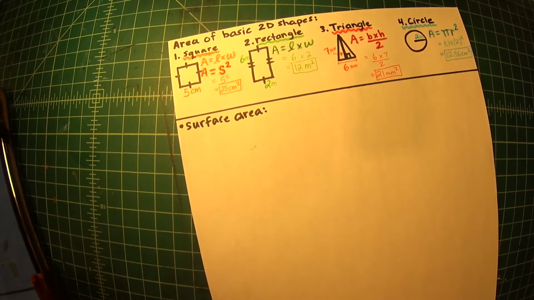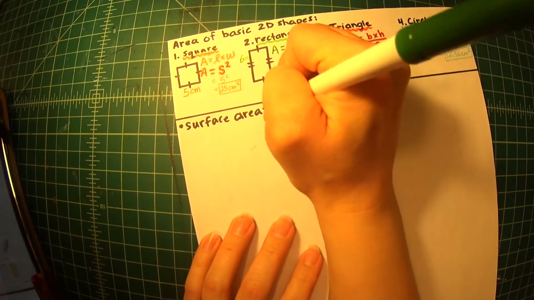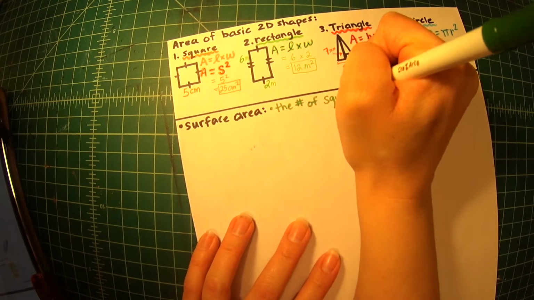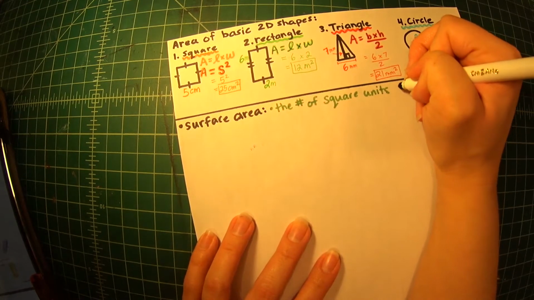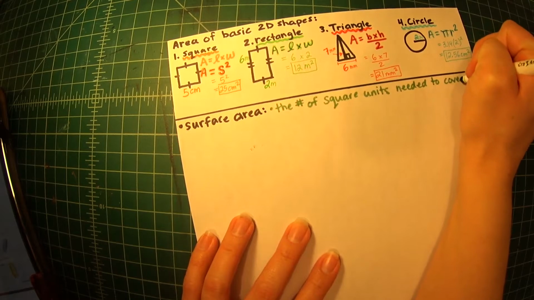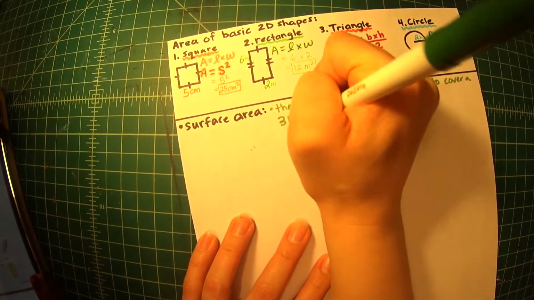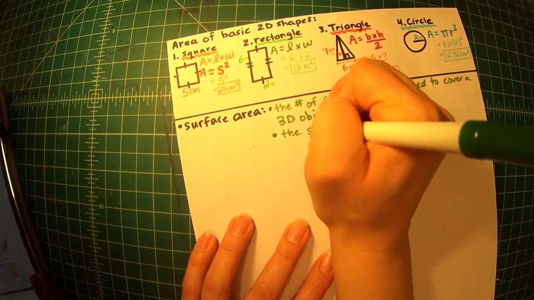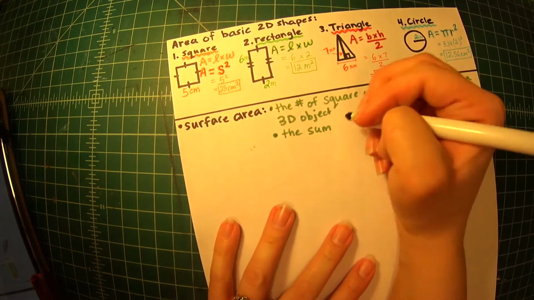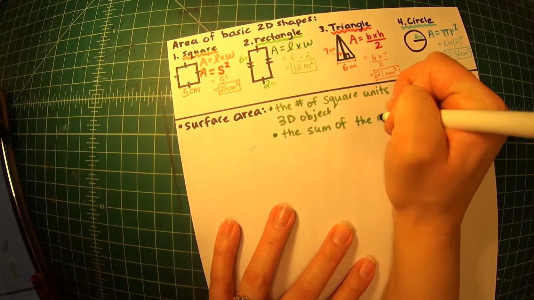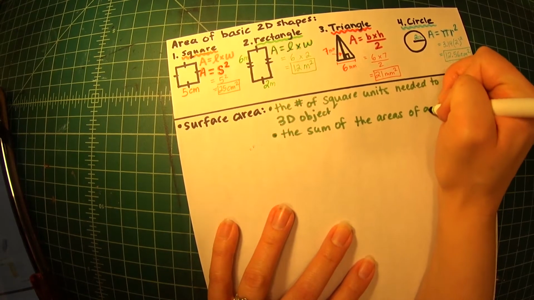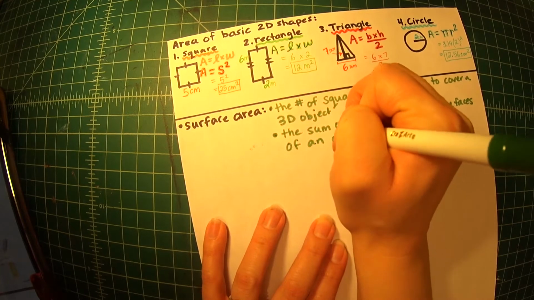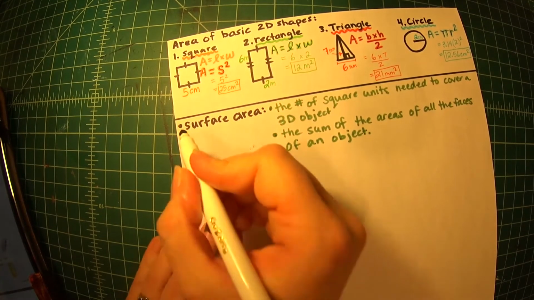And it should say something along the lines of: the number of square units needed to cover a 3D object, and furthermore the sum, okay, which means adding, the sum of the areas of all the faces of an object. So that is what surface area is all about.